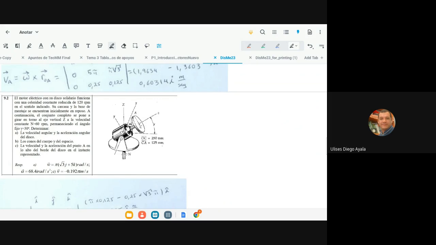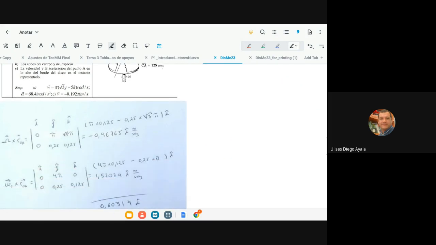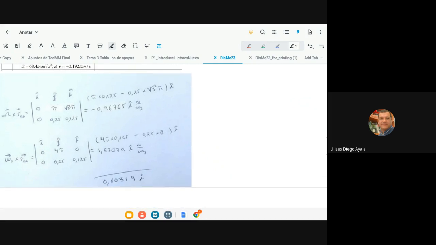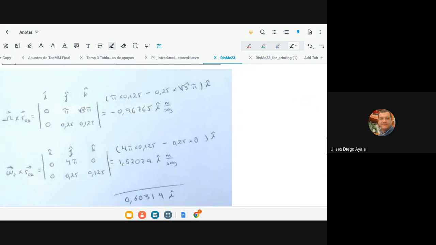Okay, so this will be the simple one, and this is another calculation in which I am defining the linear velocity with regard to the point O, the origin, in the point A, for this and this. Which vector is this one and which vector is this one?